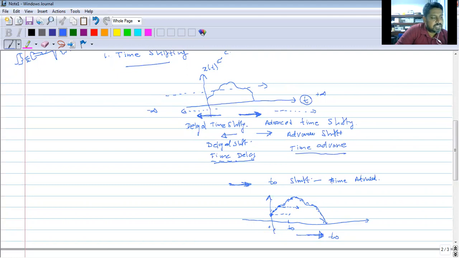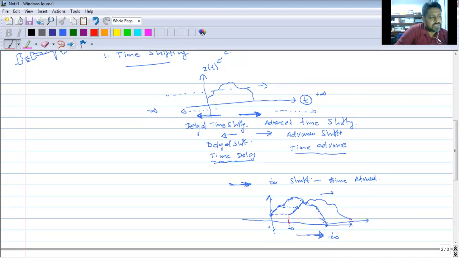So all the points will move by t naught, and we will get the shifted signal like this. Clear? So this is the advanced shift.